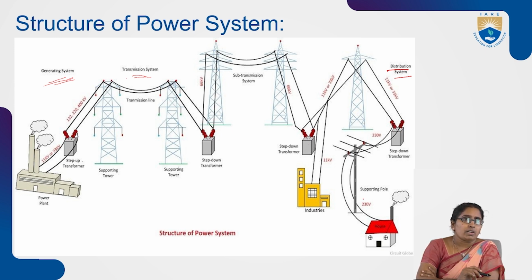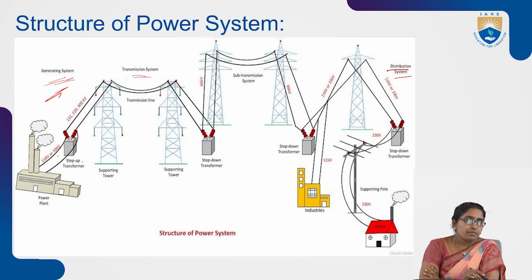Looking at generation, the power plant may be a thermal power plant, or nowadays non-conventional sources like solar and wind. From those plants, power is generated, usually rated at 11 kV or 33 kV.